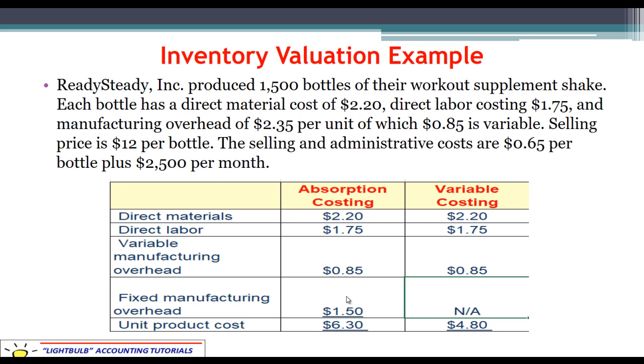But that total amount per month would be considered a period cost, and it would not go under the product cost. So what this means is if you're looking at just your product costing, the absorption costing is going to have a higher cost, $6.30 versus $4.80. The difference, of course, is the $1.50 fixed manufacturing overhead.